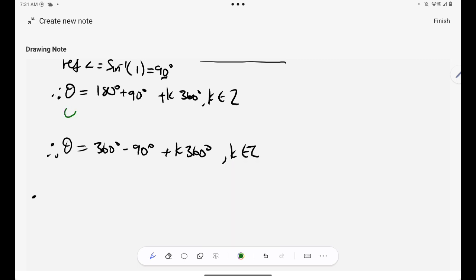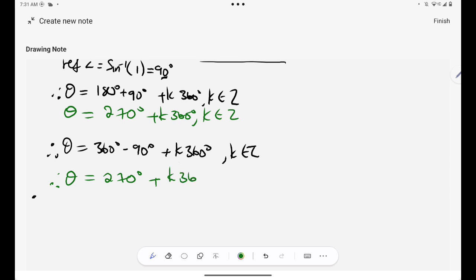So therefore my final answer for the first one will be 180 plus 90, which gives me 270 degrees, plus k 360, where k is an integer. And then for the other one, 360 minus 90 will also give me 270, plus k 360, where k is an integer. So this is the general solution, guys.